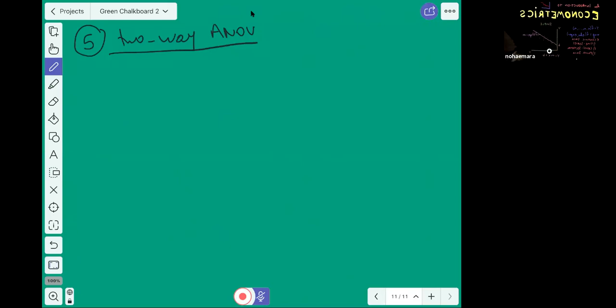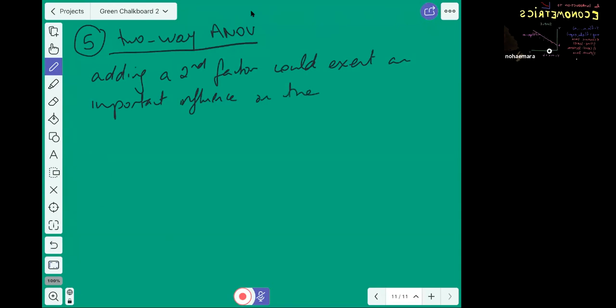So let me just add here that what we need to do is add a second factor, right, that could have an important effect or influence on the outcome or the results of the research.